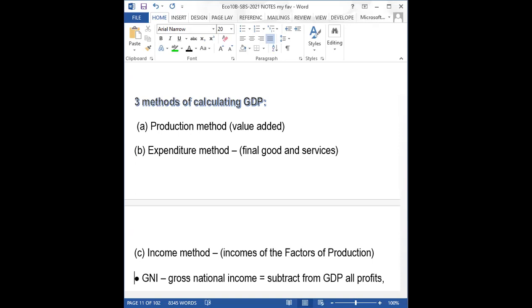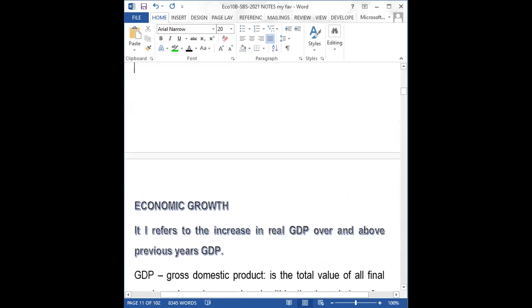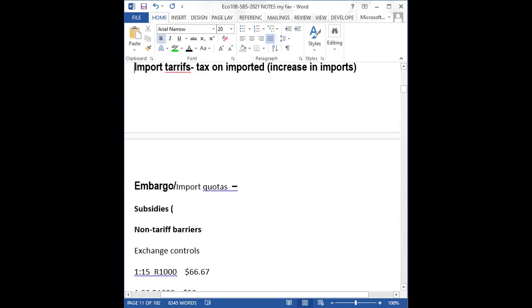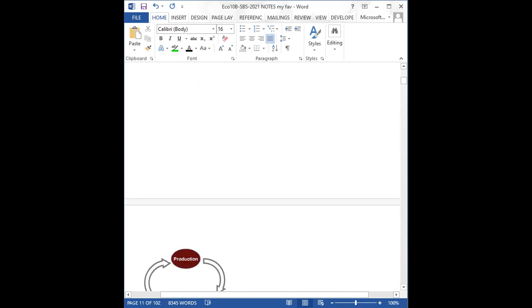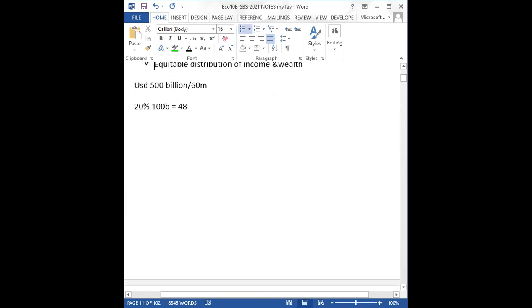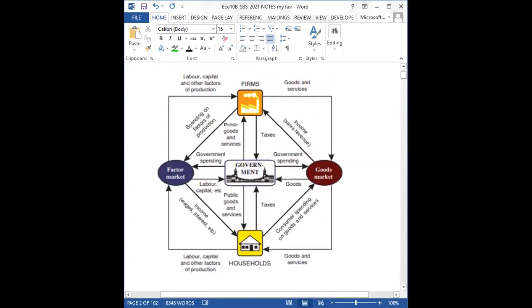So allow me to go back a bit to the circular flow of income and spending, and to various diagrams that enable us to look at these things in a greater spectrum. All right, so we were looking at the circular flow of income and spending, with participants and with various markets that get formed. And we talked about the fact that households are the owners of the factors of production.